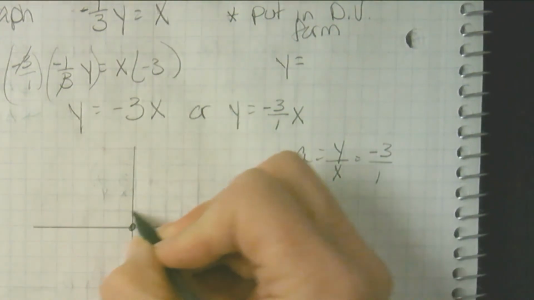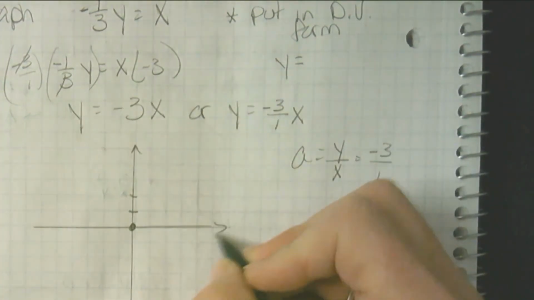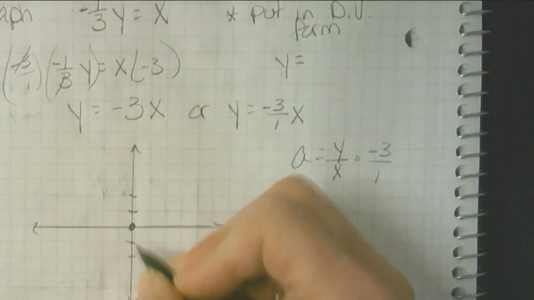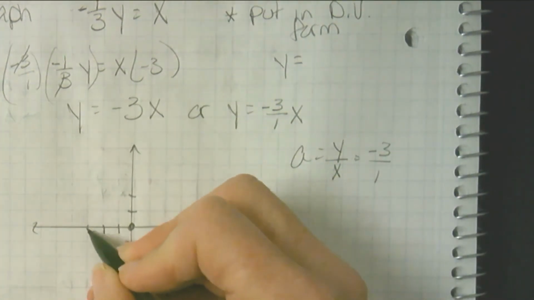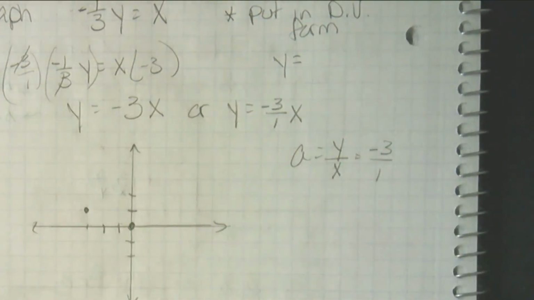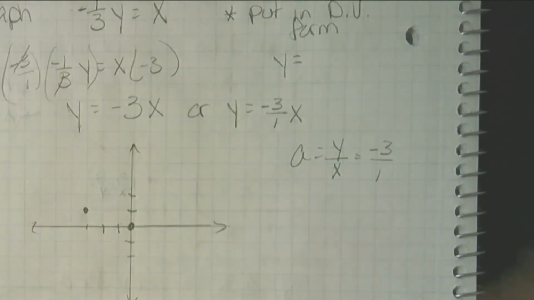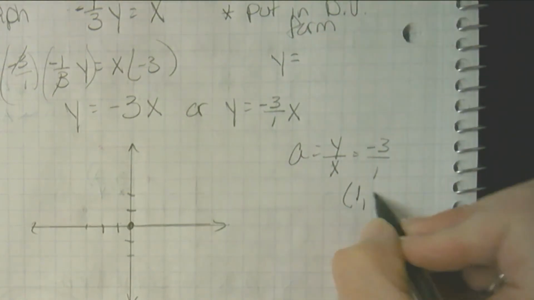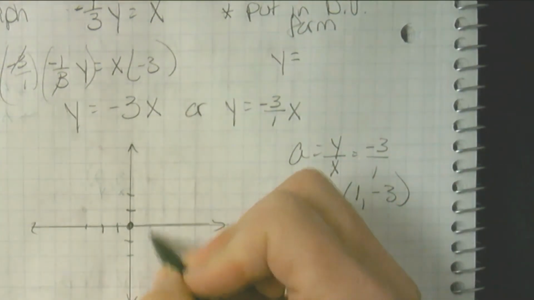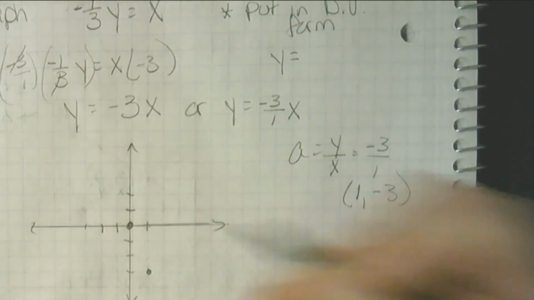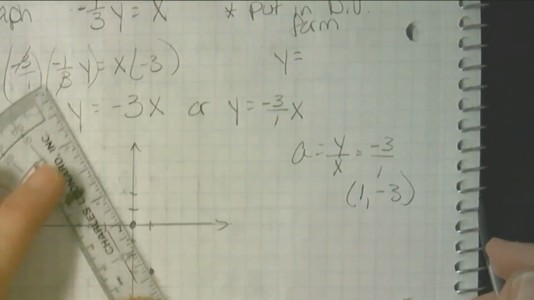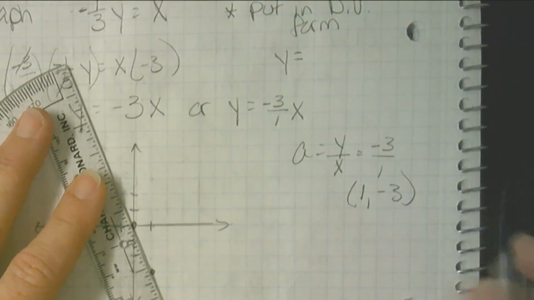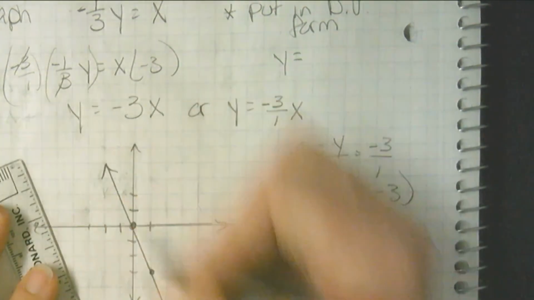So I have 0, 0. This is going to be 1 comma negative 3. So 1 and then negative 3. I did that wrong. And there is my graph.